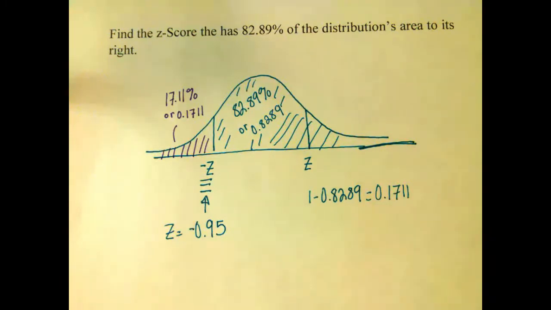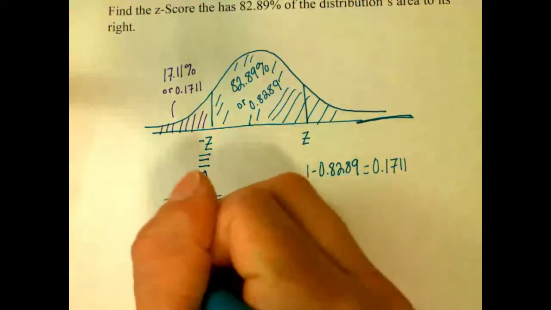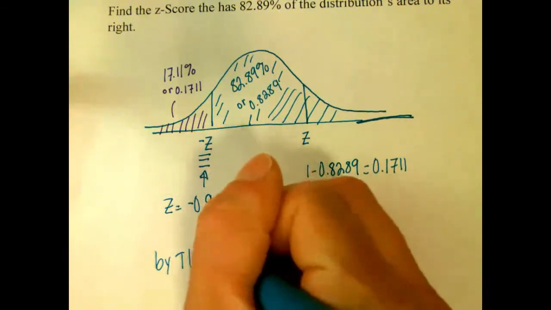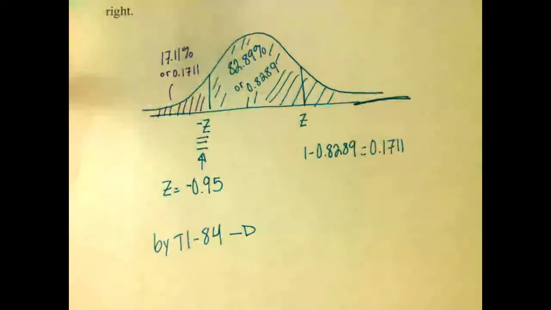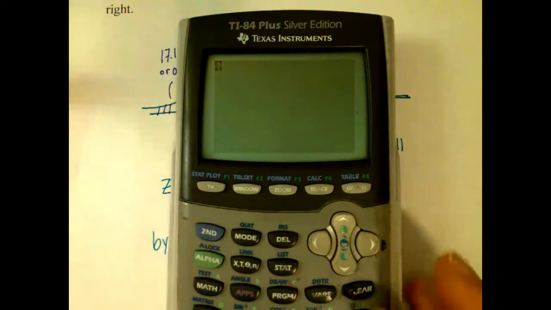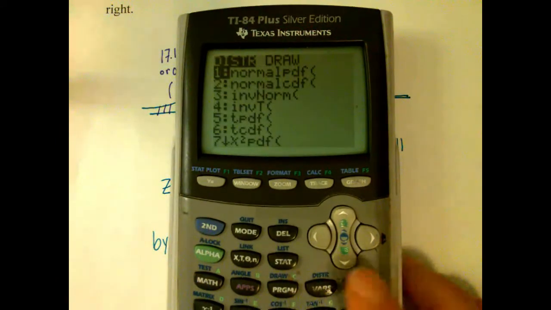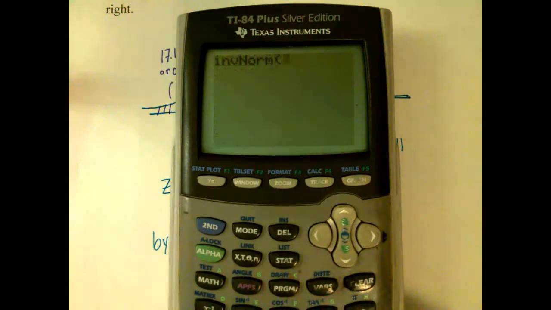Okay, and we are going to check this by TI-84, because you can also find this by calculator. So, got a calculator here. We're going to go to second, variables. We're going to go down to number 3, which is invert norm. And invert norm, again, tells us the z-score for the area below. So we're going to put in 0.1711.